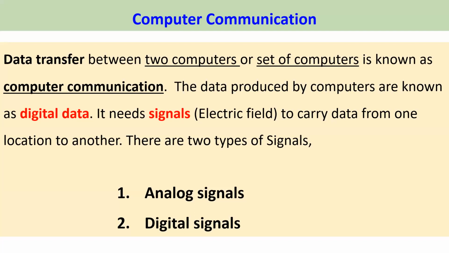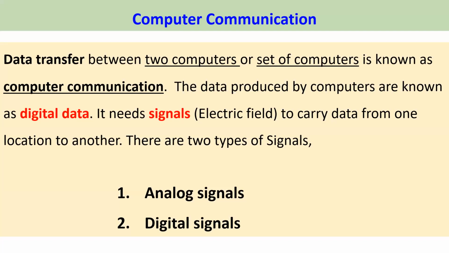Because it understands only two states. Computers can understand only two things, either one or zero. Only ones and zeros. Therefore, it is called digital data.